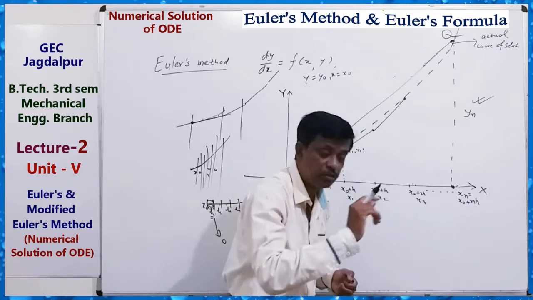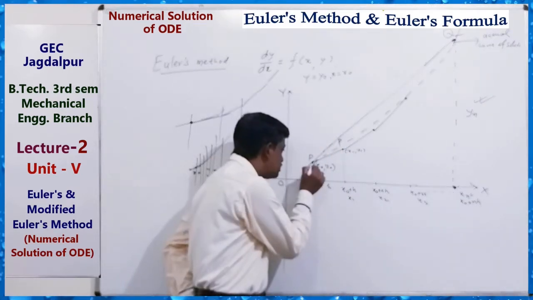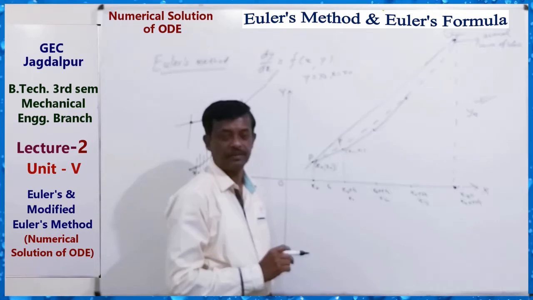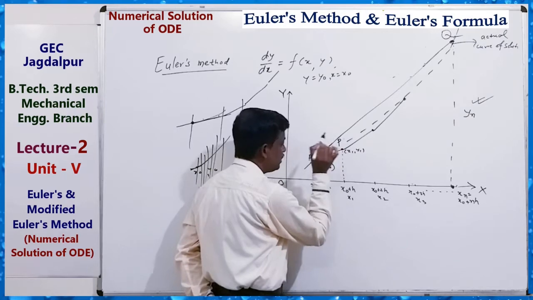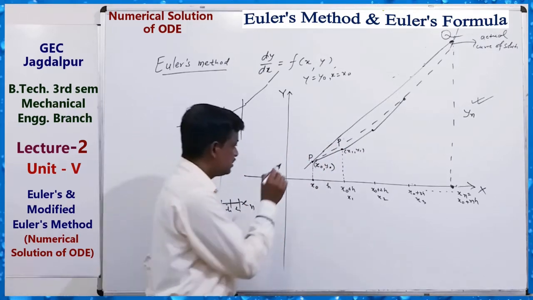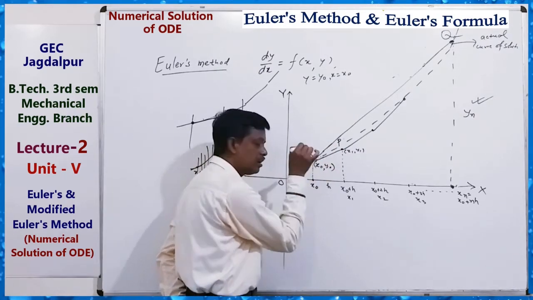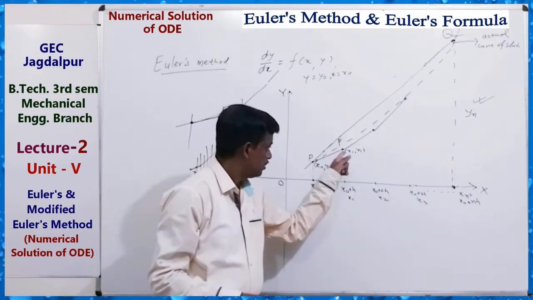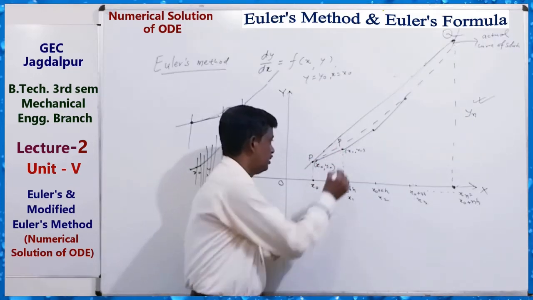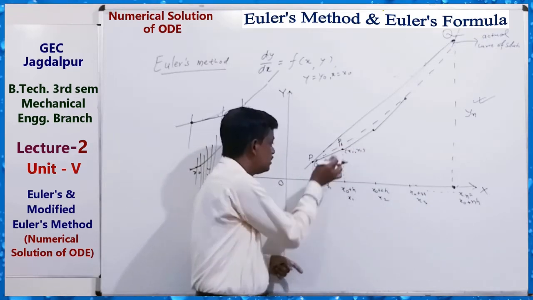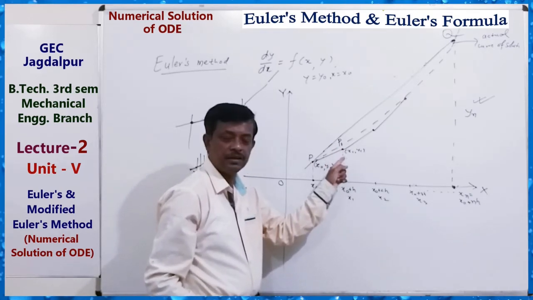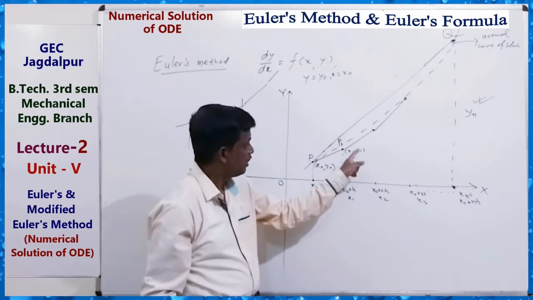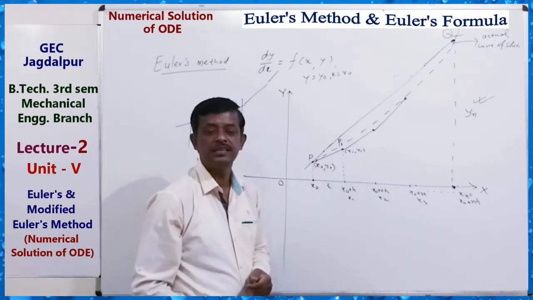So from the equation of tangent at this point, intersecting here, means this is tangent to the curve, and this point P1 lies on the tangent. So y1 can be found from this tangent.